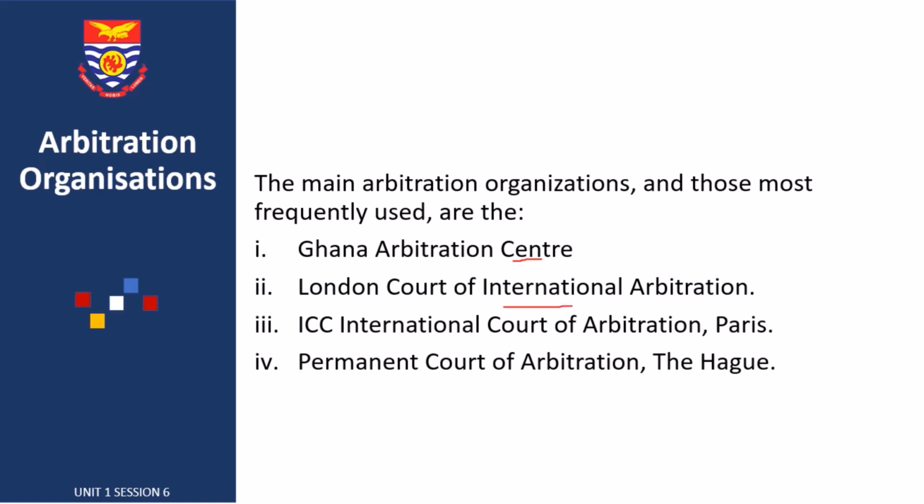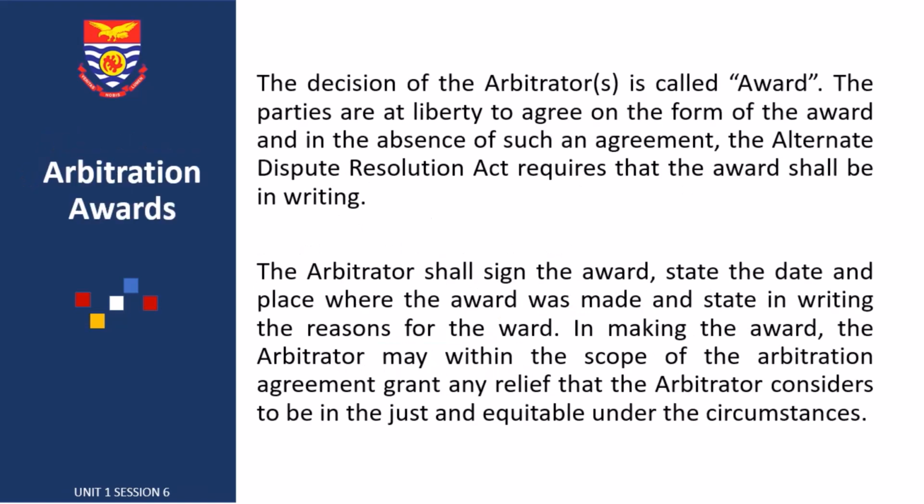We have the ICC International Court of Arbitration at Paris. Then you have Permanent Court of Arbitration, the Hague. So these are some of the main organizations as far as arbitration is concerned. Now, as I indicated, the decision given by the arbitrator is called the award.